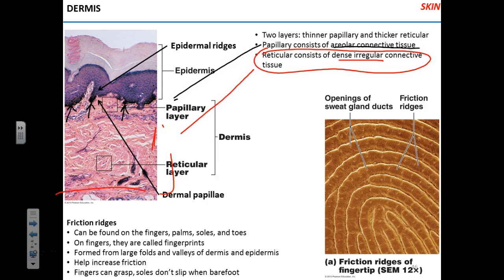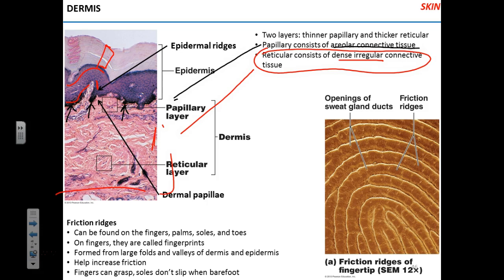So you can see very thin, let me make it red, very thin stratum basale. Then, let's be honest, stratum spinosum and stratum granulosum do not have a very clear boundary. And then you can definitely see a very clear stratum corneum.